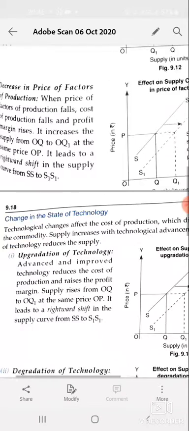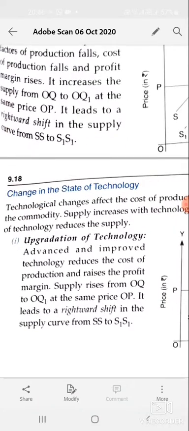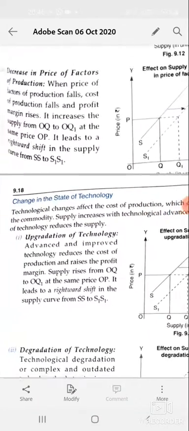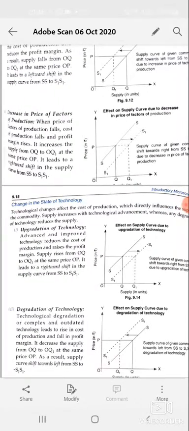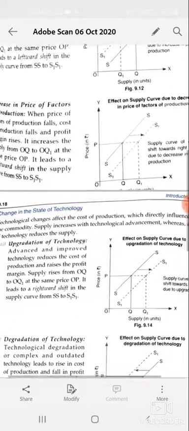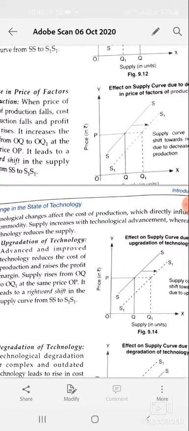Now the third point is change in state of technology. A producer uses two types of technique. First, advanced technique, which is the upgradation of technology, or we can say modern technique as well.